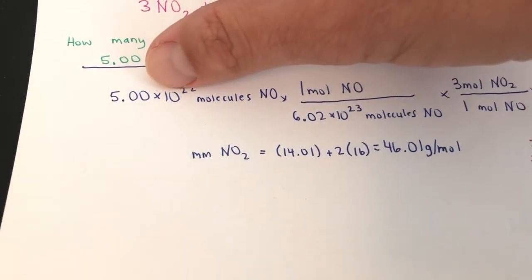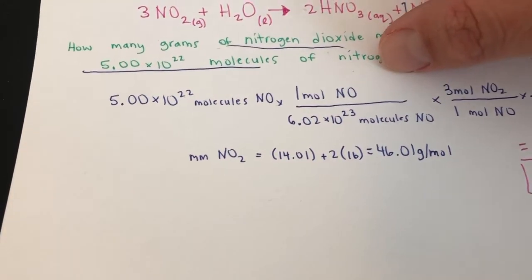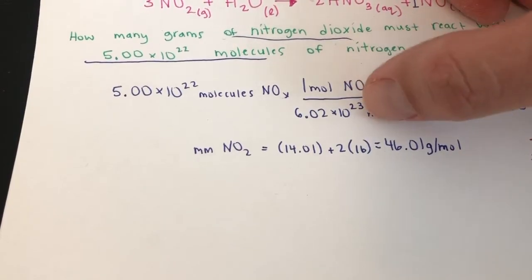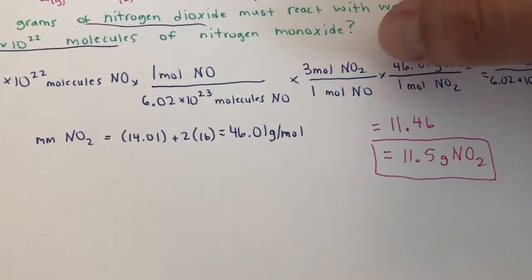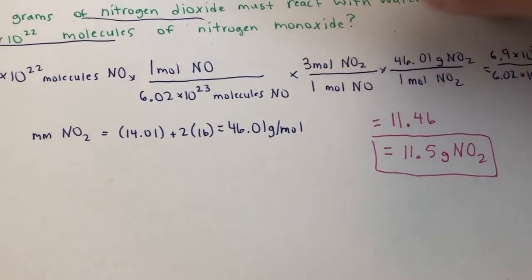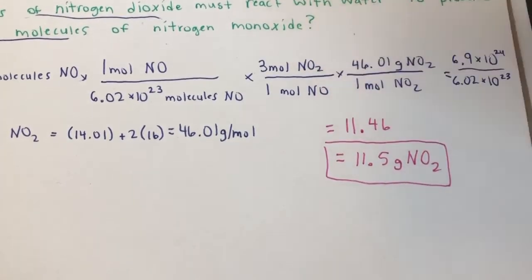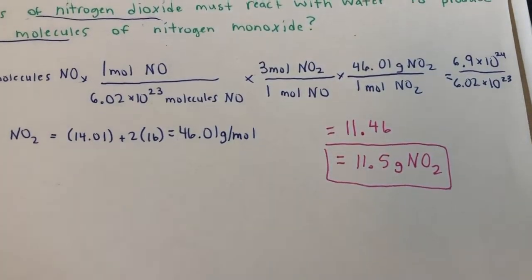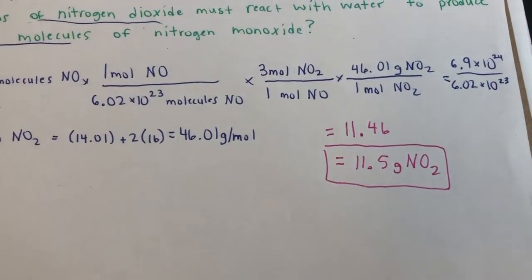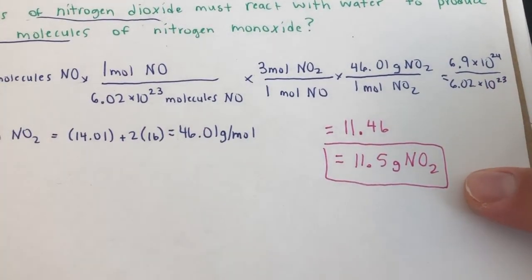So you start with molecules of nitrogen monoxide. Change molecules to moles by the Avogadro's number. Moles of NO to moles of NO2 is a mole to mole ratio. And then once we're in moles of NO2, we want grams. So this right here is the molar mass that we used the periodic table for. And then you just solve.